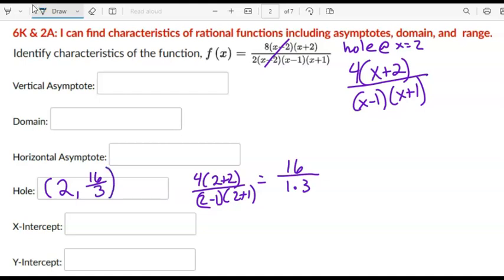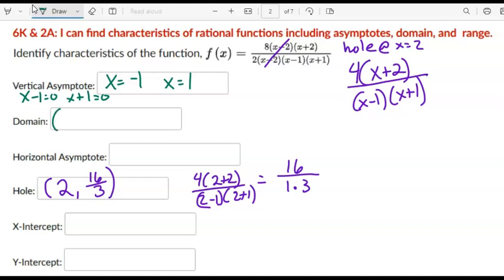Our vertical asymptotes, we're going to set the denominators equal to 0, so we have x minus 1 equals 0, x plus 1 equals 0. We have 2 vertical asymptotes, x equals negative 1 and x equals positive 1. So you have 3 excluded values in the domain. So the domain's all real numbers except x cannot equal negative 1, positive 1, or positive 2.